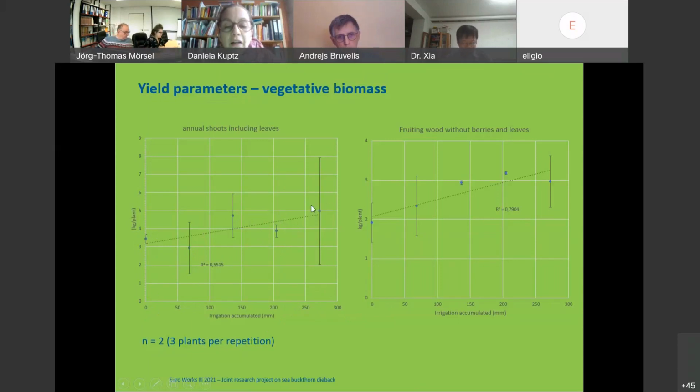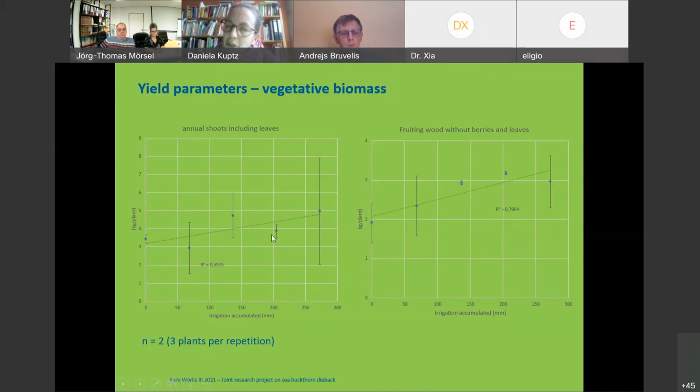So number 5 is the treatment with the most water. There's an inclining line showing there's more biomass as you give more water. The fruiting wood without berries and leaves also shows more kilos per plant with more irrigation.